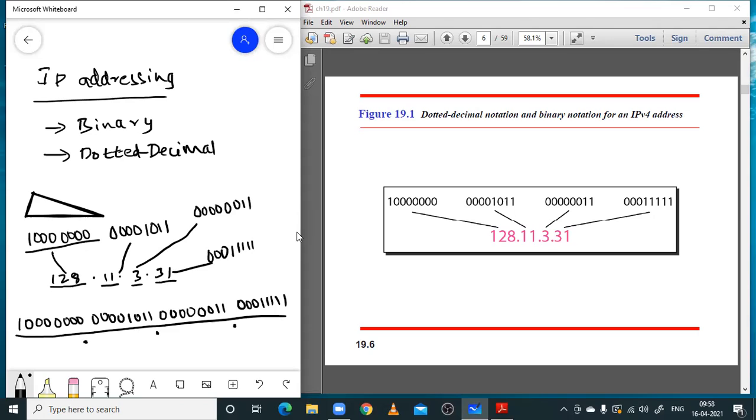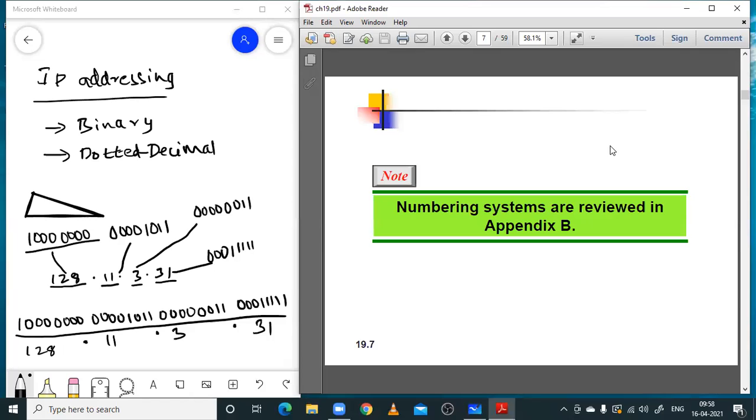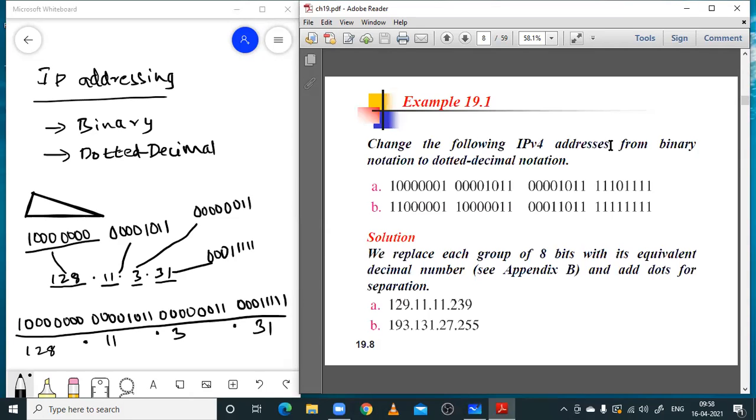So this is 128, 11, 3, 31. This is the binary representation of an IP address, and this is the dotted decimal representation of the IP address. This is what is mentioned here in this diagram. So this is one example.